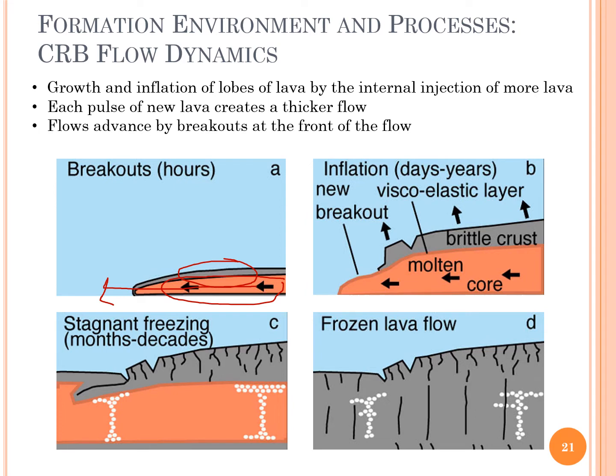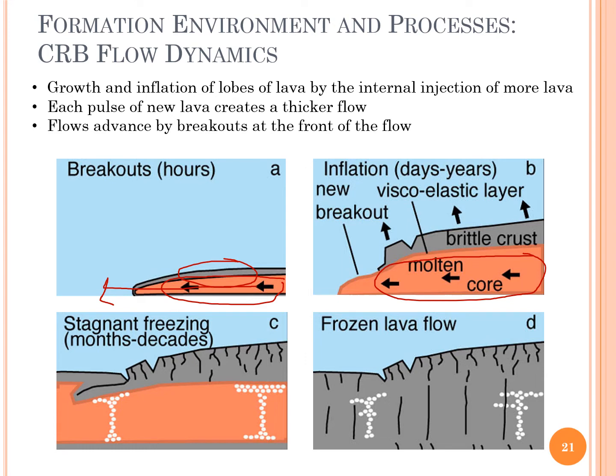That period of time can be days or perhaps even years, where the molten core, which we talked about before, continues to flow out. And above it is developing more of this brittle crust, where a little bit of the molten core can begin to break out, perhaps in new areas, and keep the brittle crust, what a geologist would term viscoelastic. It just means it can flow a bit on top of this molten core.